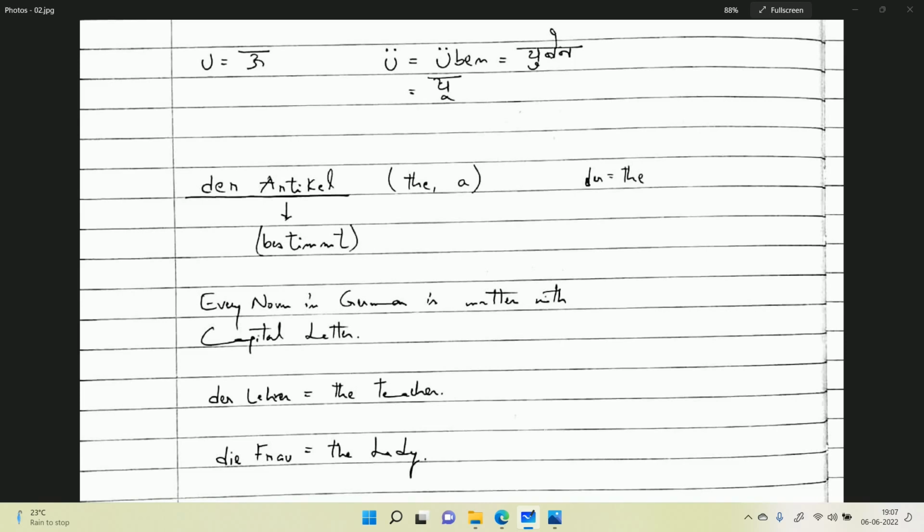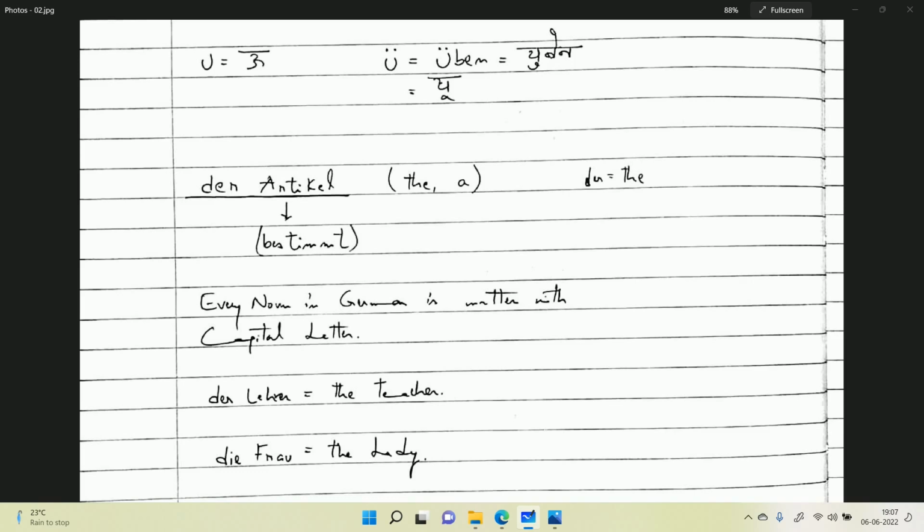Now, in English, we have the or a, right? So we normally say a boy, a doctor, an engineer, or we can say the boy is playing, or the stool is lying on the ground, or the computer is working.